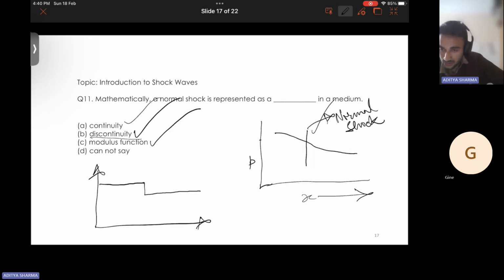And then it was further discussed that if this is one compression wave, and this is another compression wave, let's say this is the first and this is the second compression wave.